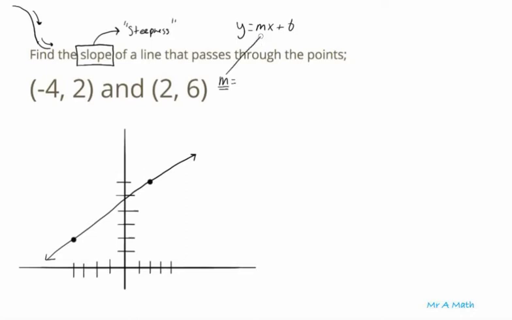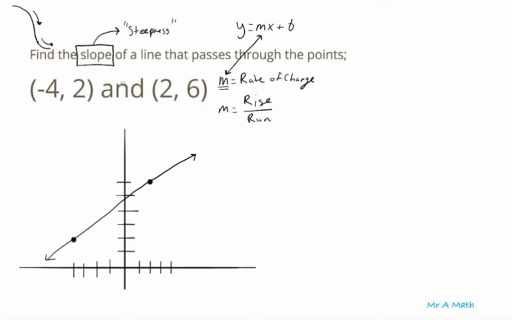The value m usually refers to the slope, and you might see it written as m equals the rate of change, or how I like to refer to it, the ratio of the rise to the run.